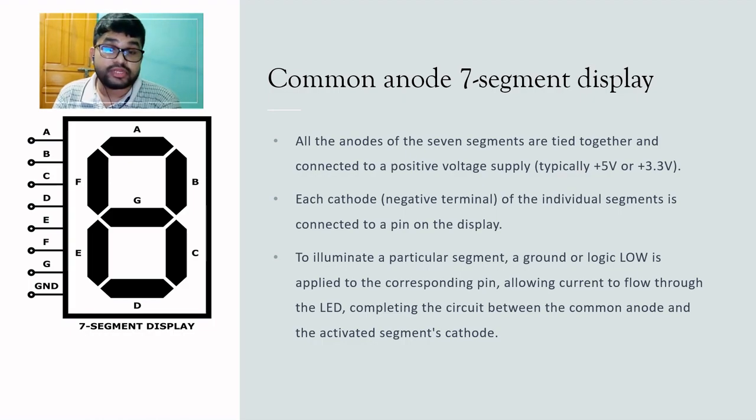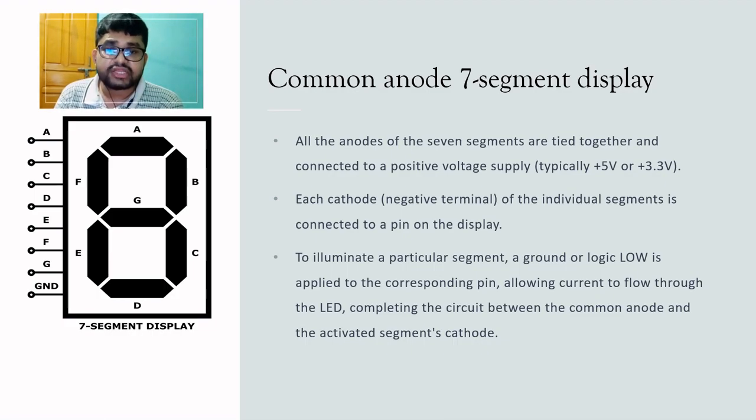Another vital component is the common anode 7-segment display. This display technology is widely used for its simplicity and effectiveness in conveying numerical information. Each segment of the display can be individually activated to represent different numerical digits, making it ideal for showcasing voting results and other numerical data.